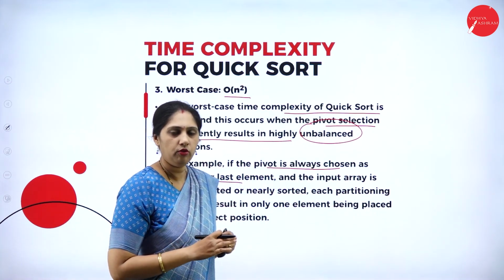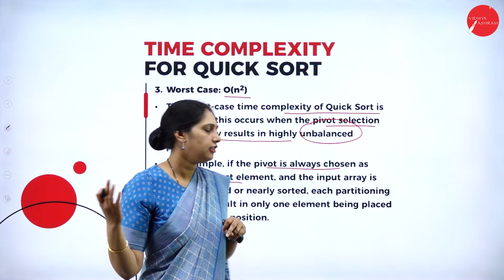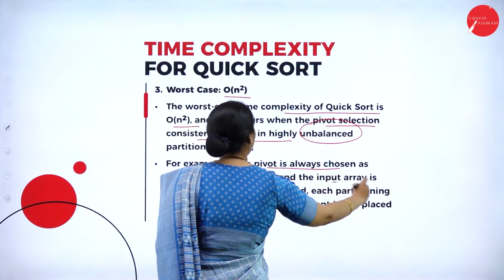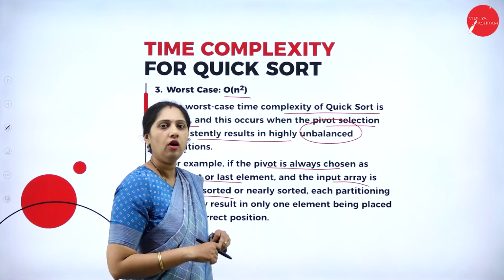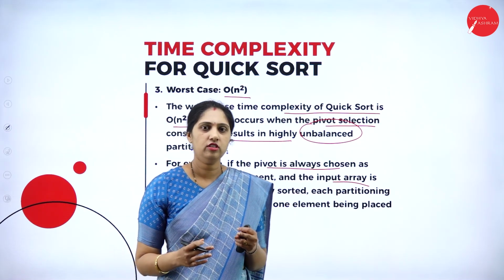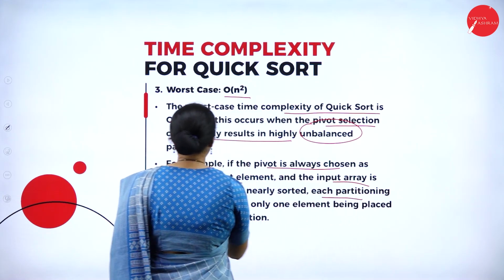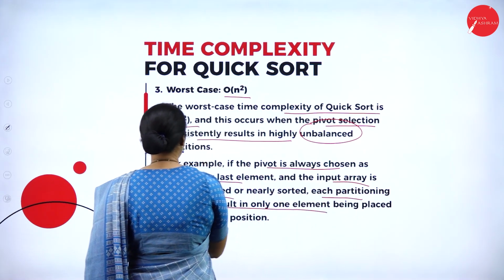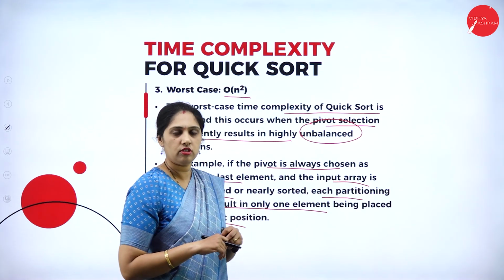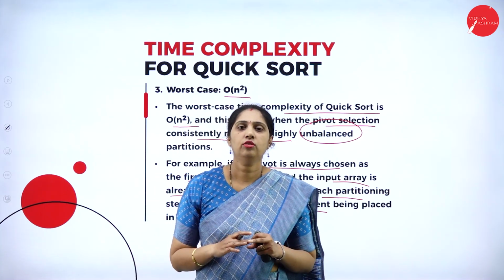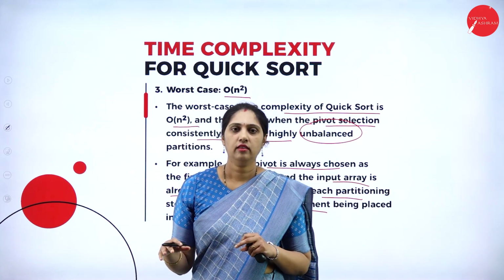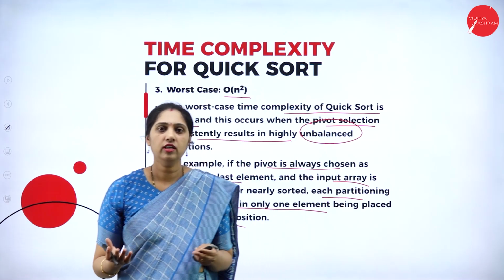So what happens? The input array is already sorted or nearly sorted. Each partitioning step may result in only one element being placed in the correct position. So we don't need to do the sorting for the entire thing because half is sorted or already sorted.